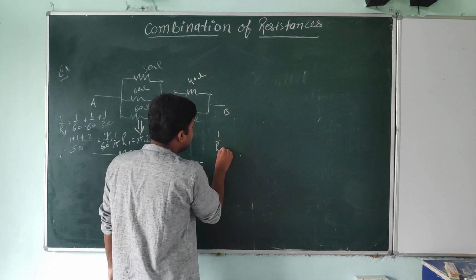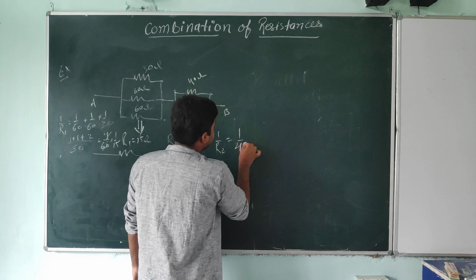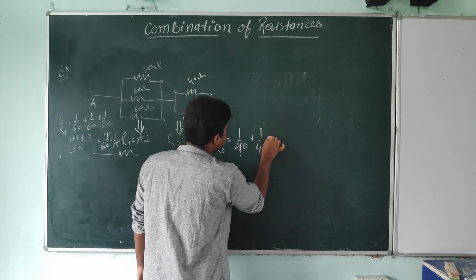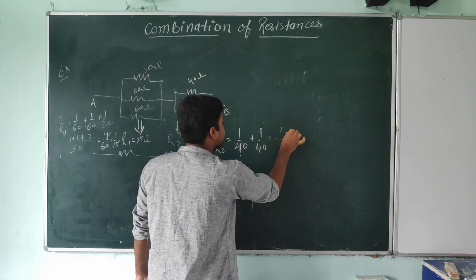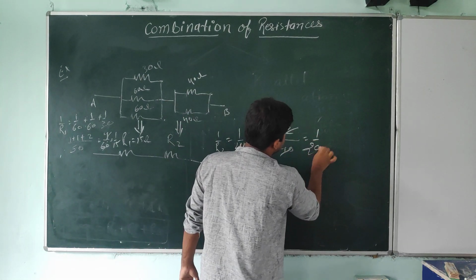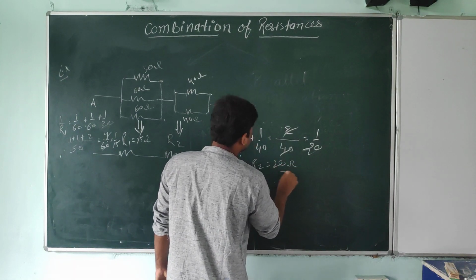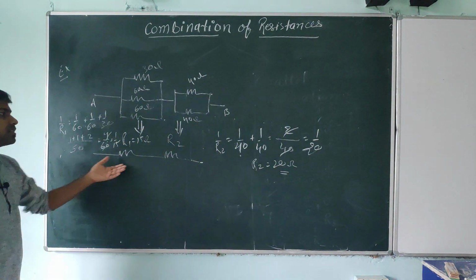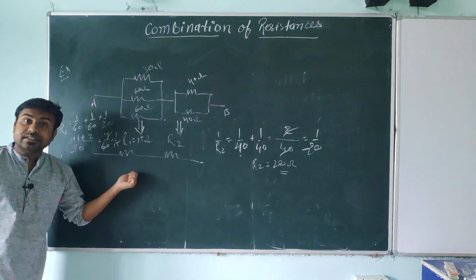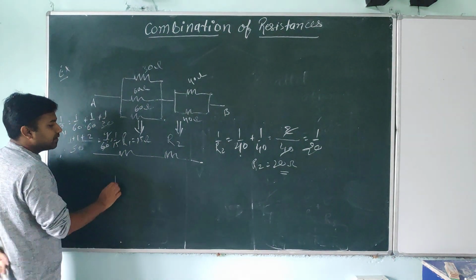The value of R2 we can calculate here. So 1 by R2 equals 1 by 40 plus 1 by 40. 40 is LCM, 1 plus 1, directly I am writing 2, it cancels out, 1 by 20. So the value of R2, what you are getting? 20 ohm. Okay. Now look at this, these two resistors are in series, try to understand, so which formula will we apply?